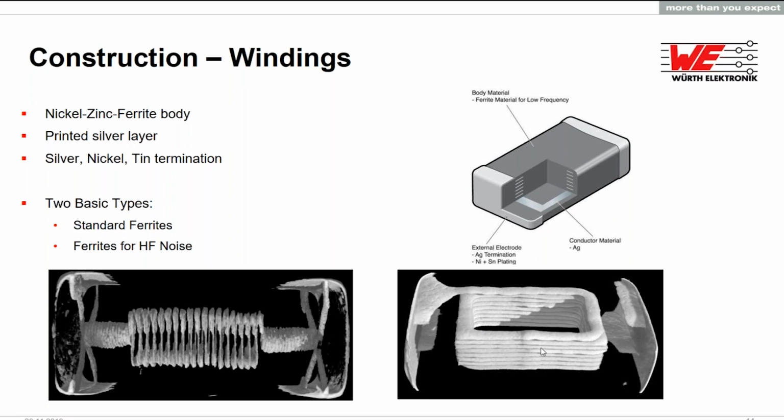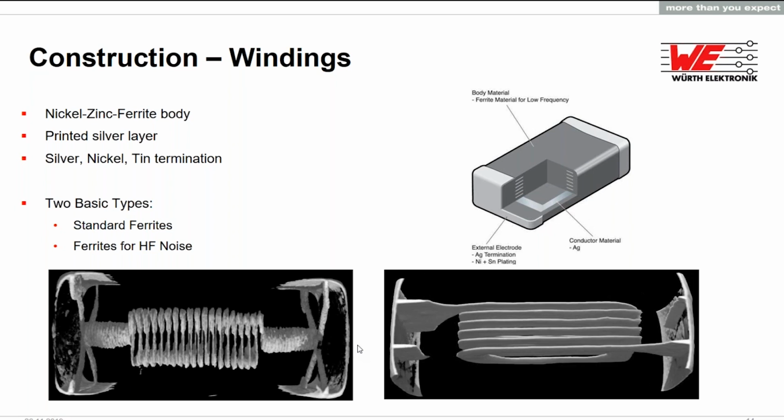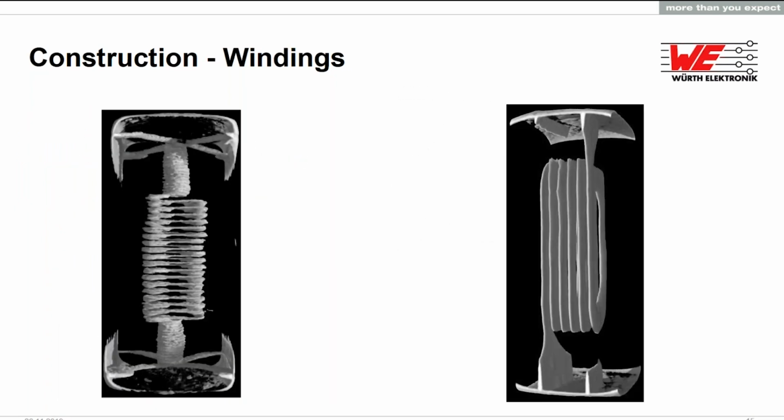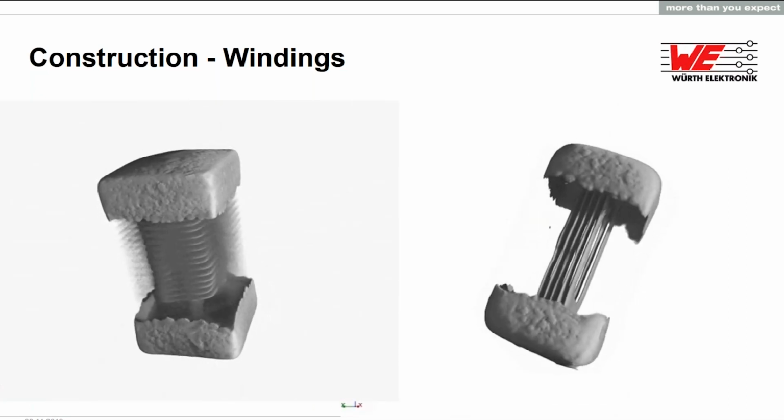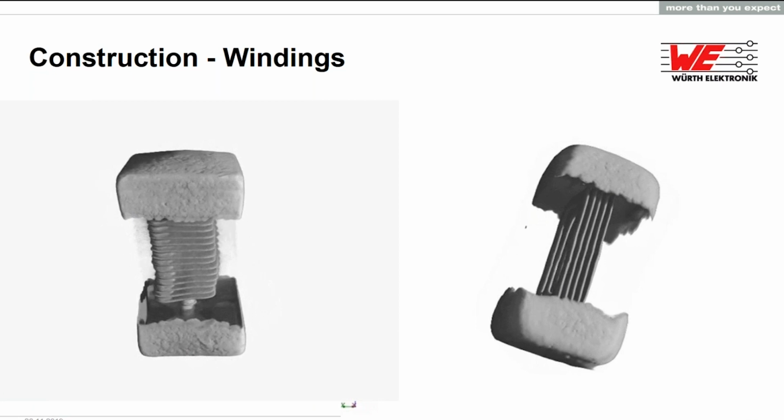So it starts from one side and coils up and ends on the other side. This here we call a standard structure, and this on the left we categorize as a high frequency structure. So here's a 3D model to better show the layers, the inner layers.